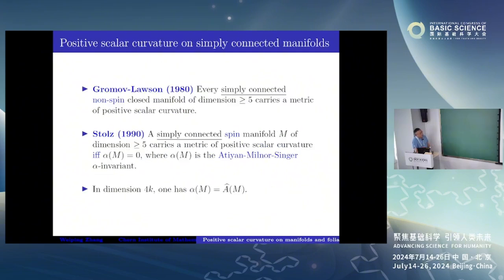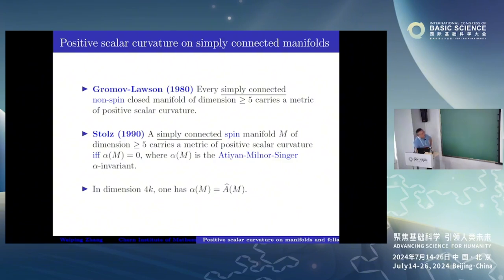So the next result I will mention is that Gromov-Lawson, in the beginning of the 1980s, proved that every simply connected non-spin closed manifold of dimension larger or equal to 5 carries a metric of positive scalar curvature. In the case of spin manifolds, there are obstructions.